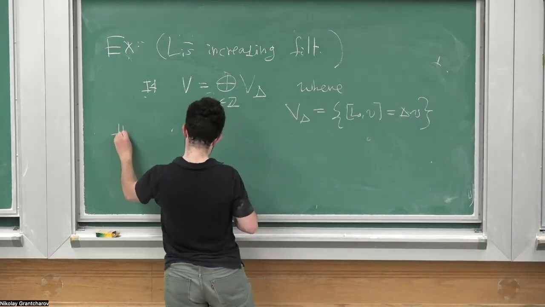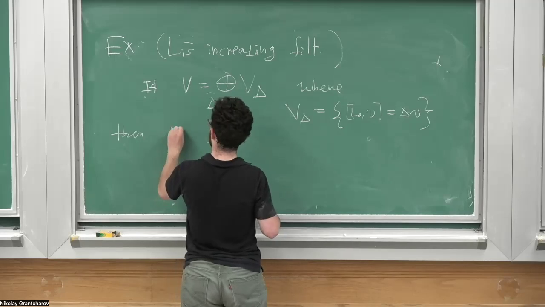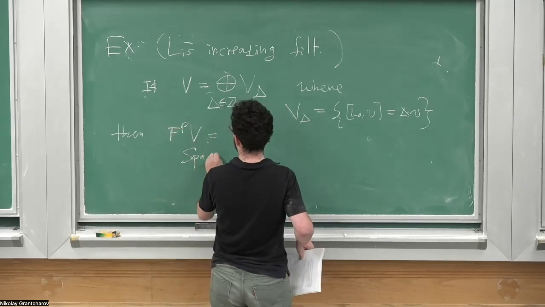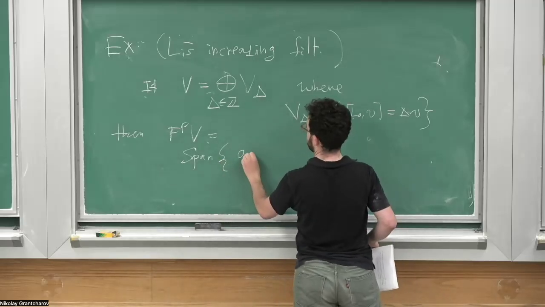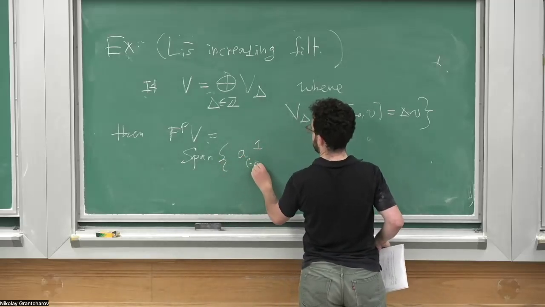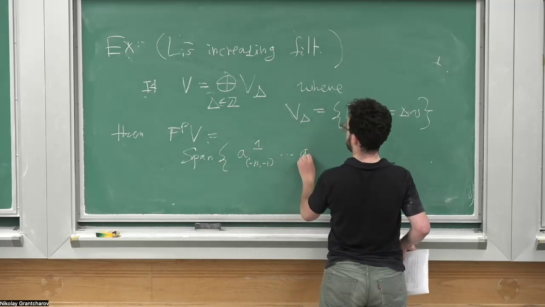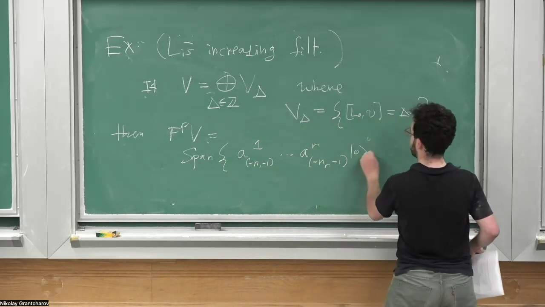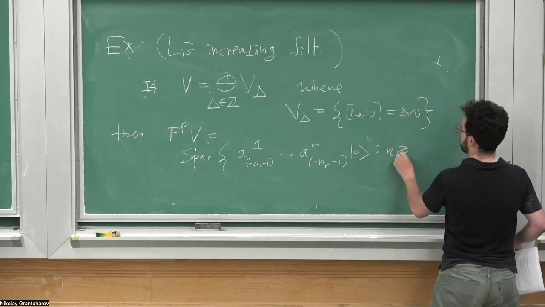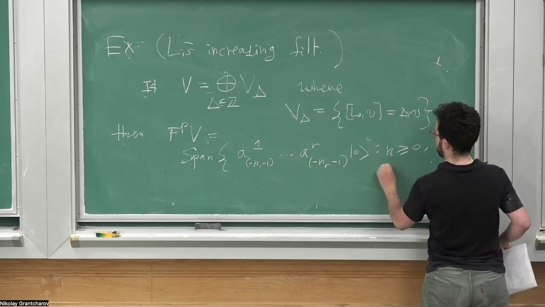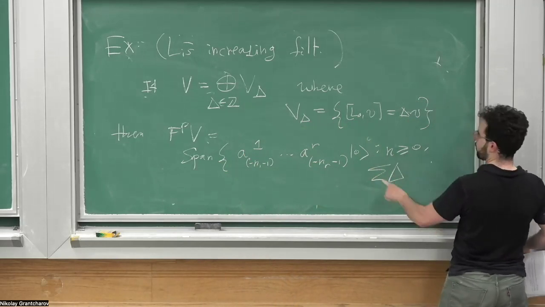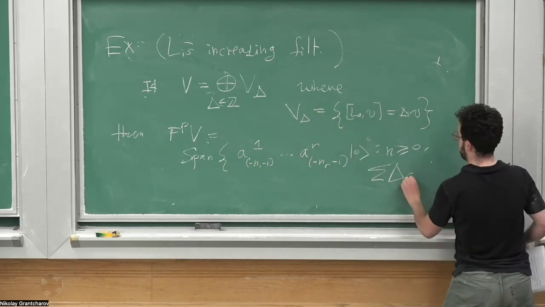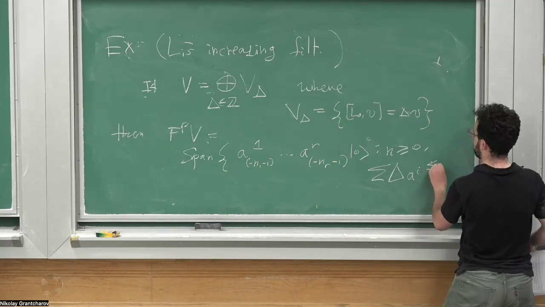Then we can define F_t of V to be the span of elements of the form A1 at position n1 plus 1 and so on, up to Ak, all applied to the vacuum, for any n greater or equal than 0, and we need the sum of the conformal weights, the degree that my element is in, of A_i to be less or equal than t.